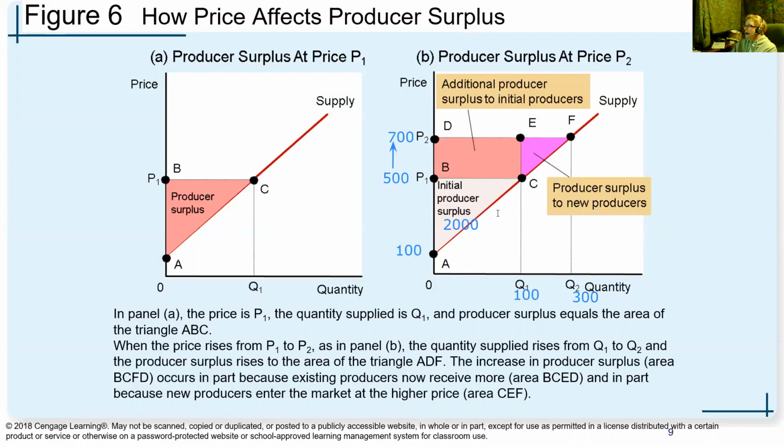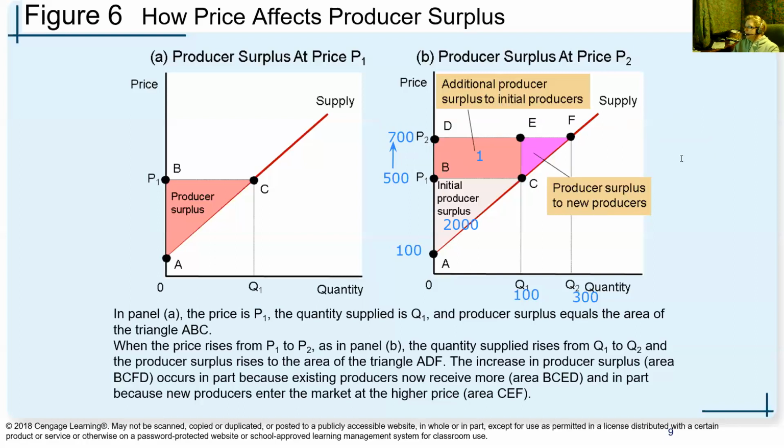And so we can say that they end up with additional producer surplus to initial producers. So let's take a look at exactly how we would calculate that particular area, in the rosy pink. I'll call it 1 because we're using so many letters here.